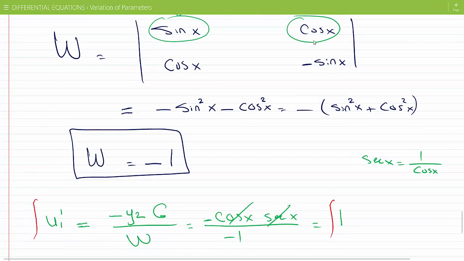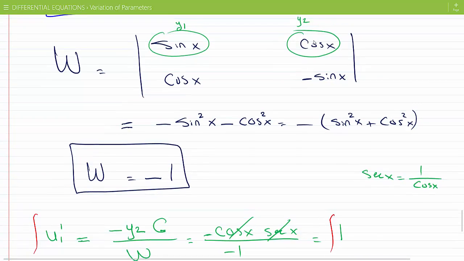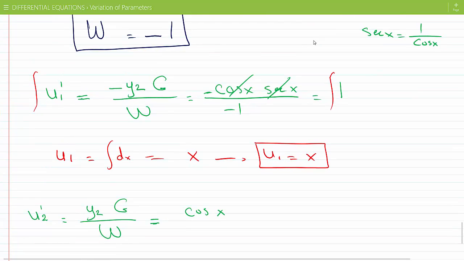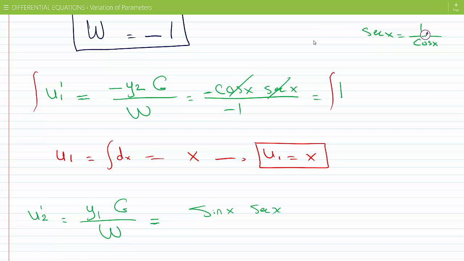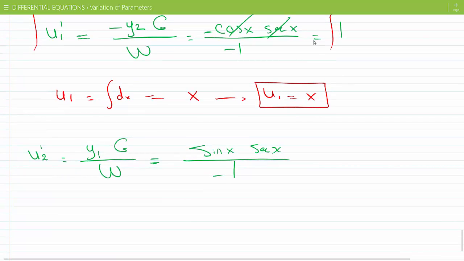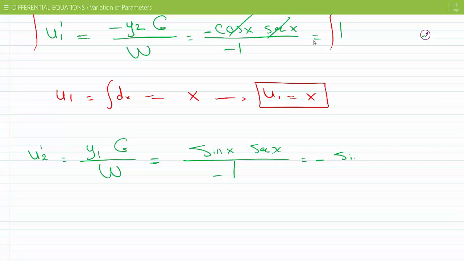Y2 is cosine, and this is y1. So that is sine x times secant x over minus 1. Okay, so that's minus sine x. Secant is 1 over cosine x, so that's minus tan x.